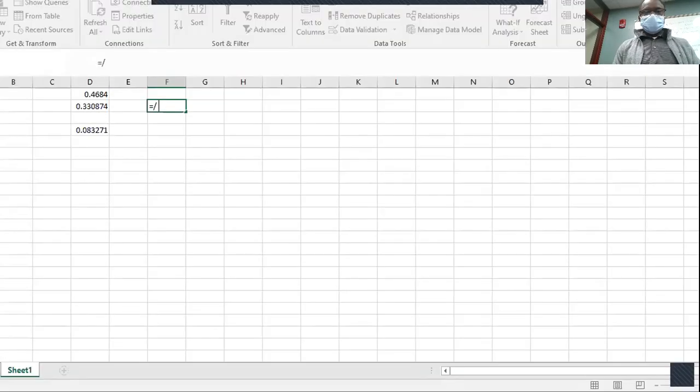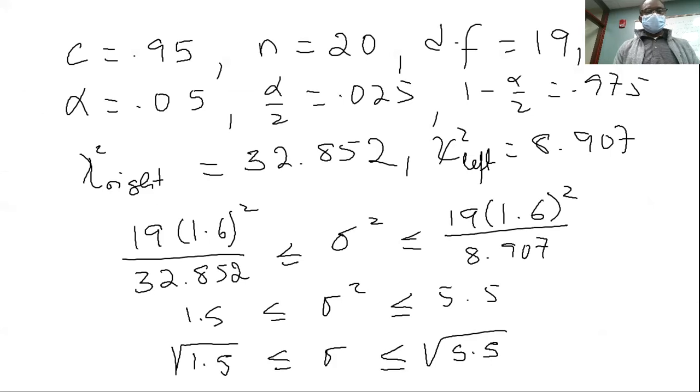So this is what I was saying about using Excel. We type here chi, and you see the chi-square distribution. You click on it. What we want here is the inverse, actually.